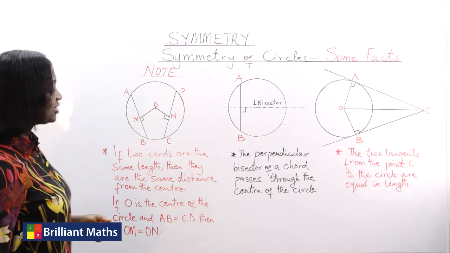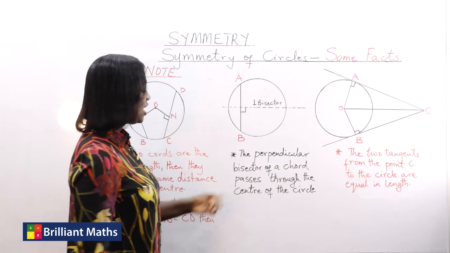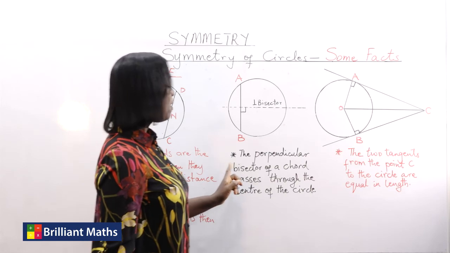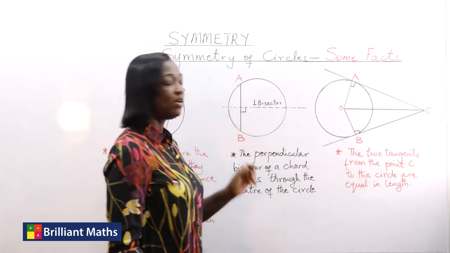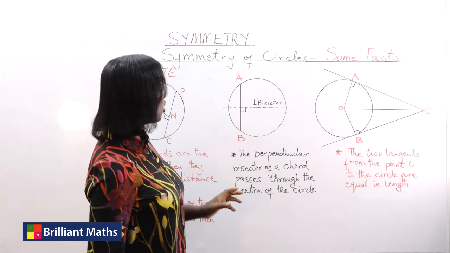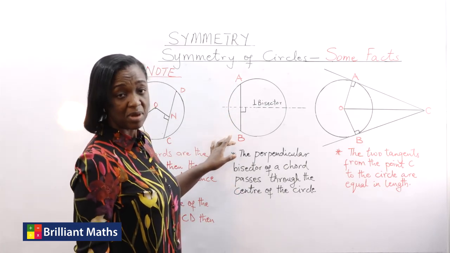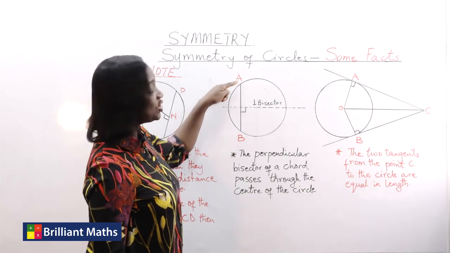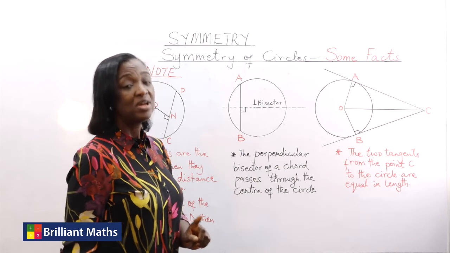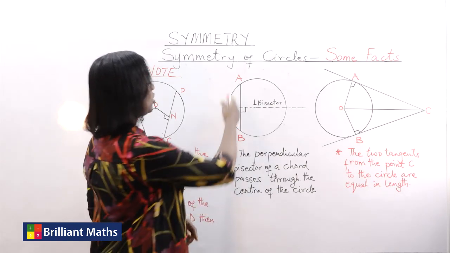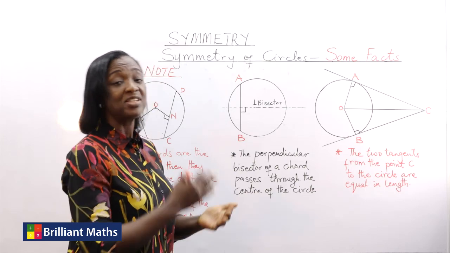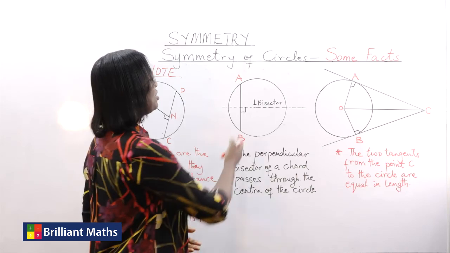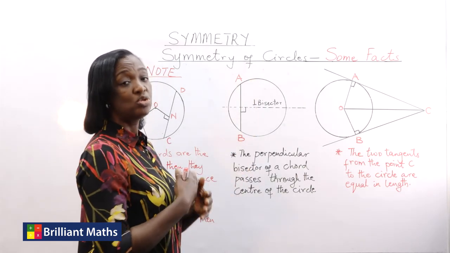Then the second fact states that the perpendicular bisector of a chord passes through the center of the circle. So we have a chord AB. Remember, a chord passes from one side of the circumference to another without passing through the center. The only chord that passes through the center is the diameter, because the diameter divides the circle into two equal parts.